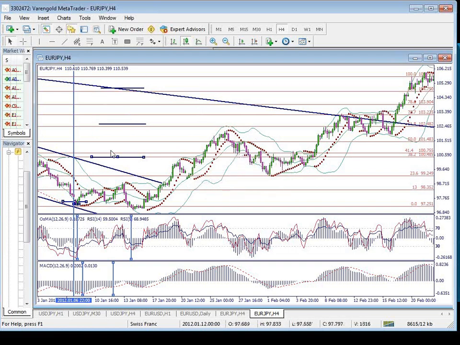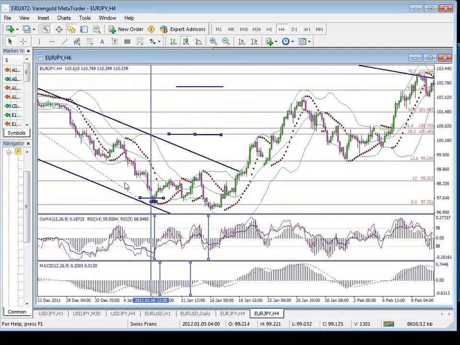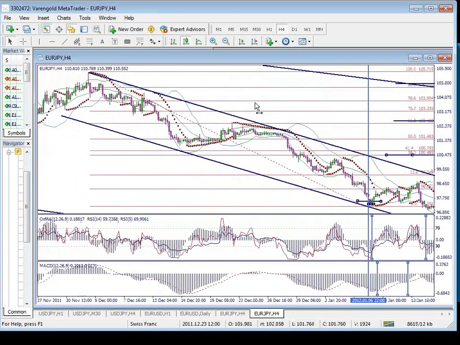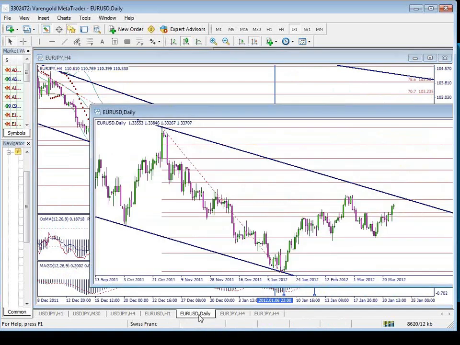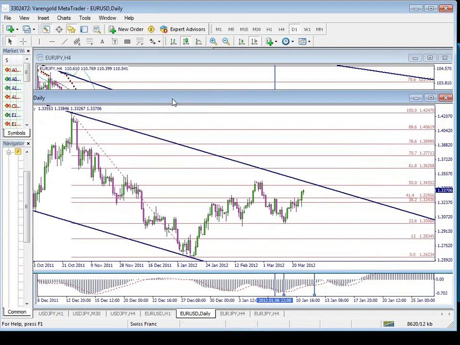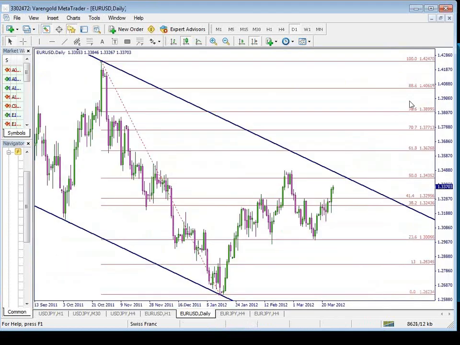Okay, so why did I tell you about this trade on EURGBP? Because it was one trend channel on the 4 hour. It was one special point on the 5th channel. And I want you to remember the situation that we have on euro dollar today.